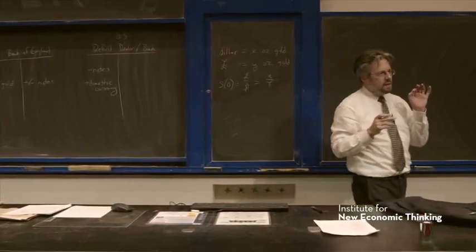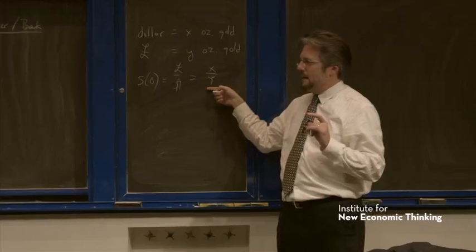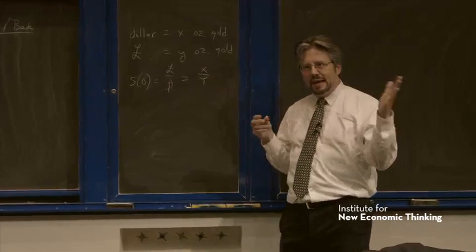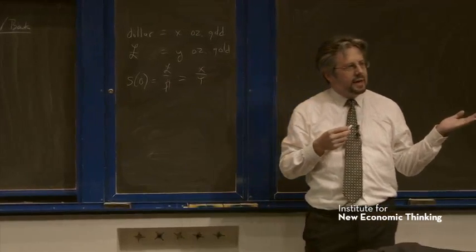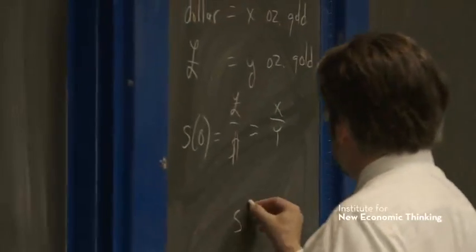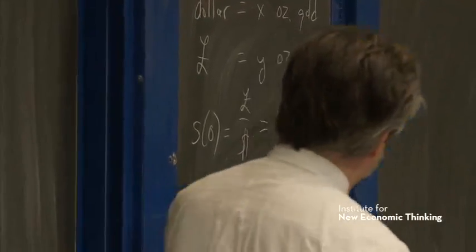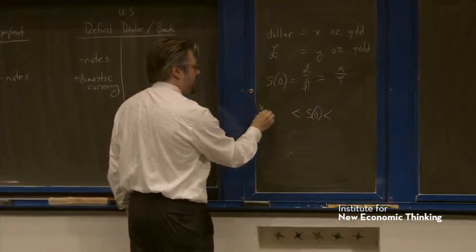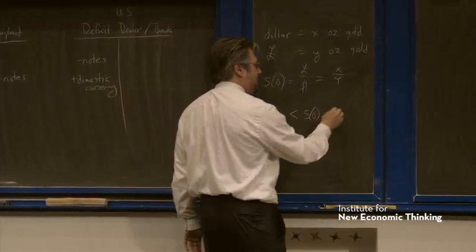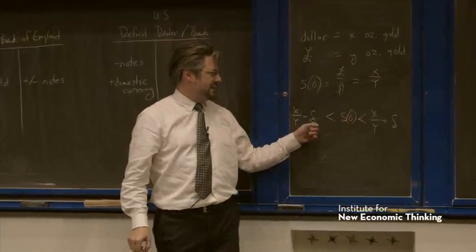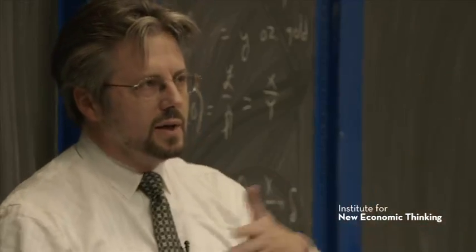But that doesn't mean the exchange rate is necessarily exactly equal to that, because what holds that exchange rate in place is the movement of gold. And it costs something for gold to move. So 2 lectures ago, I said that in fact what you're going to get is that the exchange rate is going to be between X over Y minus delta and X over Y plus delta, where delta is determined by the cost of shipping gold back and forth.